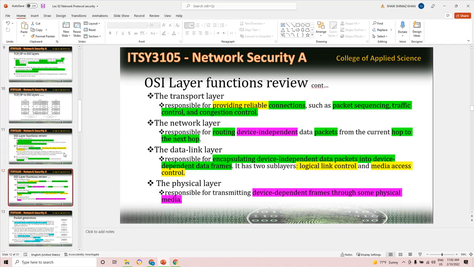The network layer routes the packets from one hop to another hop, from one network to another network, or one router to another router. In the data link layer, the packets are encapsulated into frames. It has two sublayers: logical link control and media access control. Then the physical layer, the frames are transmitted across some physical medium, wired or wireless.